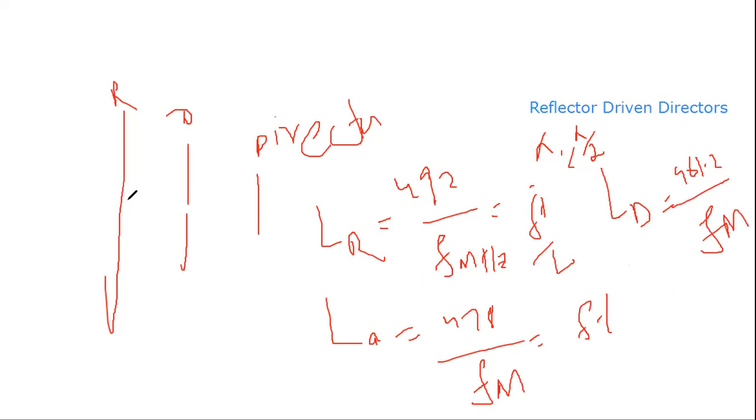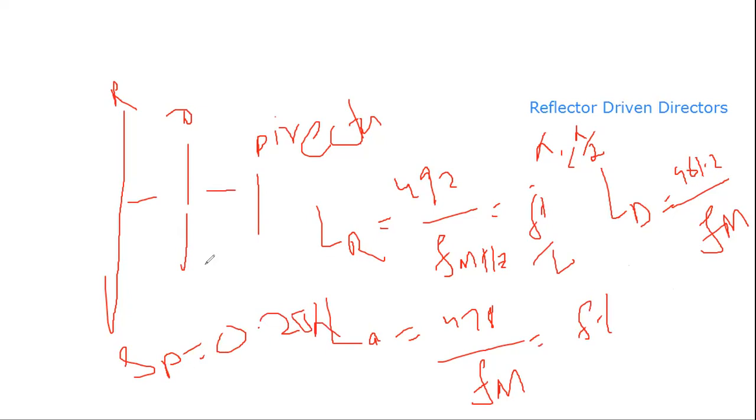Now what is the spacing between them? What is the value of the spacing? The spacing will be 0.25 of lambda. You will calculate the lambda.